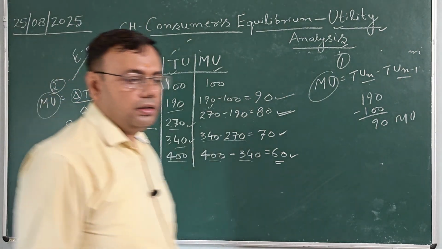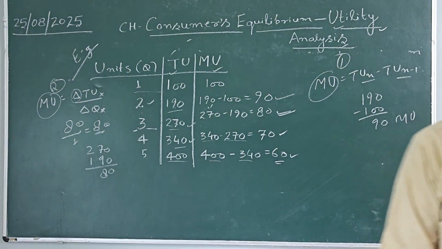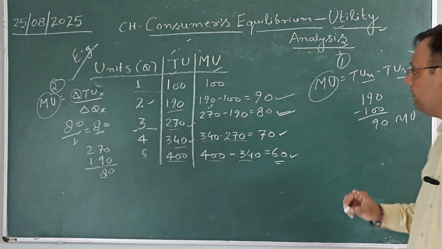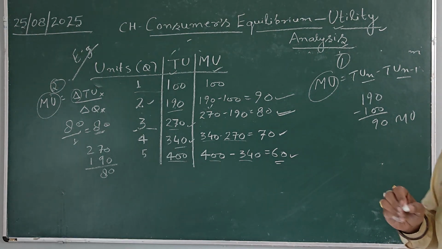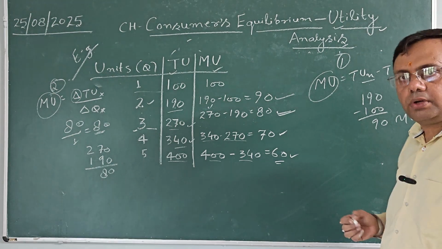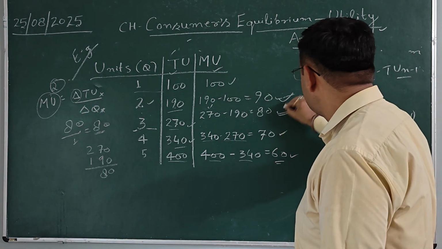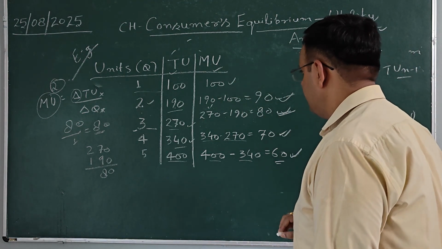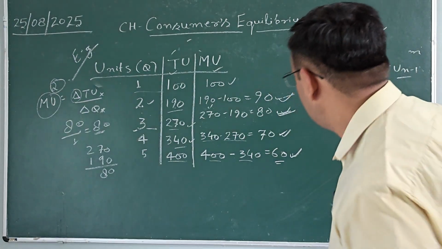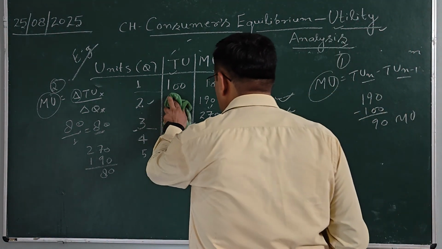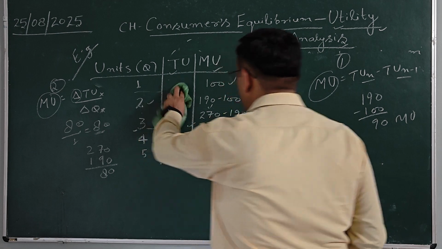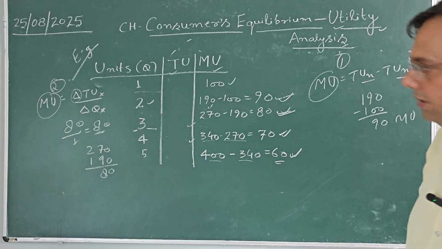And how do we find out the value of total utility? The formula of total utility is the sum of marginal utility of 1, 2, 3, 4 and so on. So suppose only the value of marginal utility is given, and we have to find out the value of total utility. So 100 is 100.